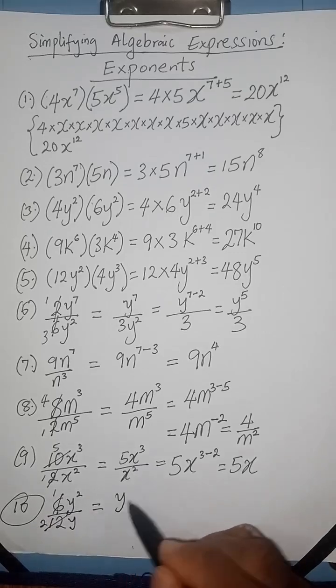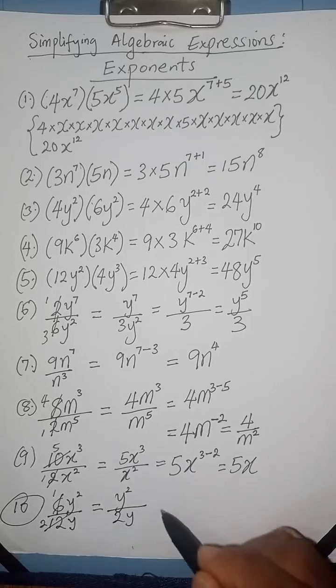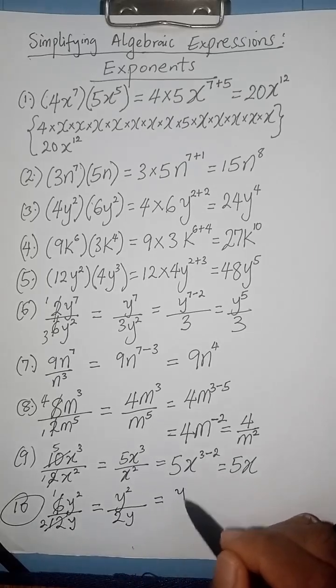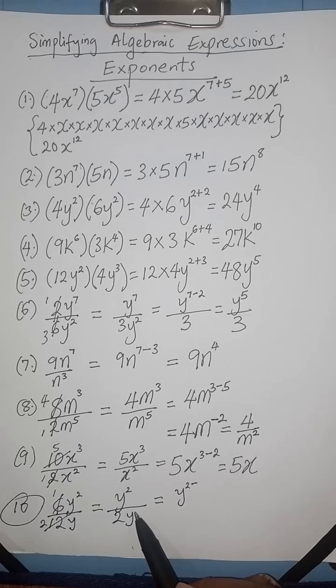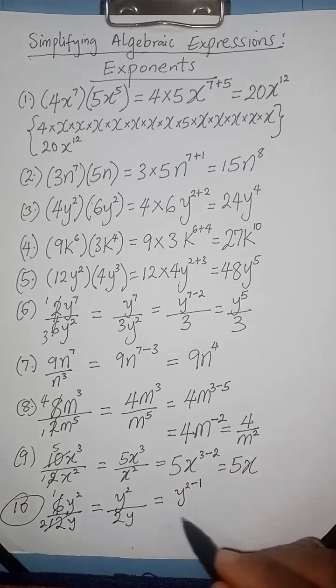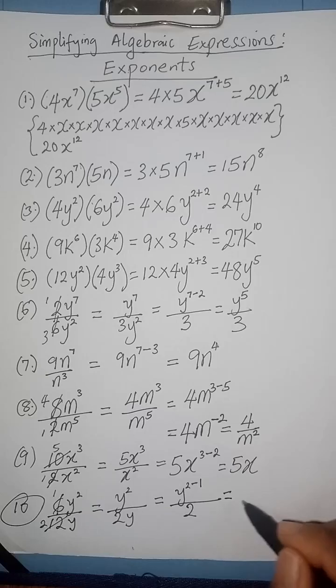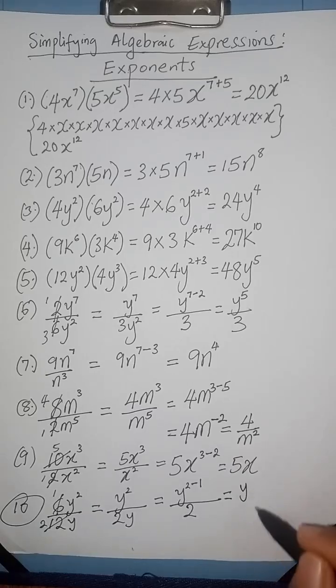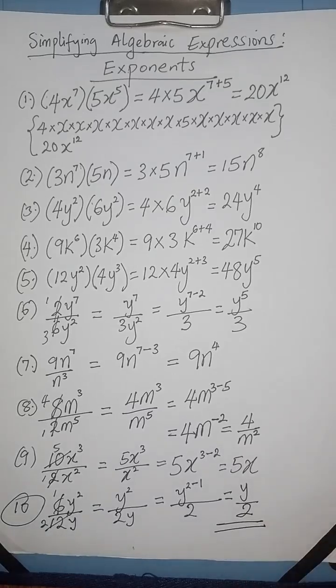So I'm having y raised to power 2 over 2y. And this will be y raised to power 2 minus the power here is 1, even though it's not written, so minus 1 over 2. You have to leave the 2 under because it's a coefficient. My final answer to this question will be 2 minus 1 is 1. Y raised to power 1, but I'm not going to write a 1, all over 2. So this is the answer to the question.